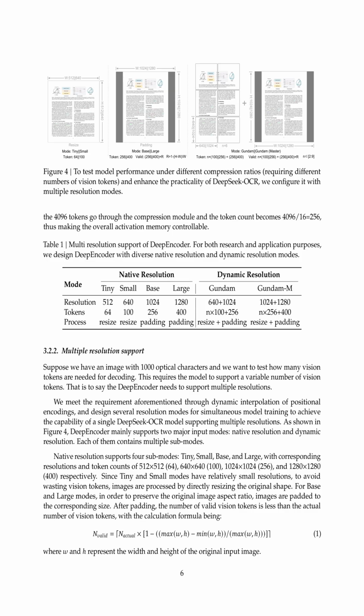We meet the requirement aforementioned through dynamic interpolation of positional encodings, and design several resolution modes for simultaneous model training to achieve the capability of a single DeepSeek-OCR model supporting multiple resolutions. As shown in Figure 4, DeepEncoder mainly supports two major input modes, native resolution and dynamic resolution. Each of them contains multiple submodes.